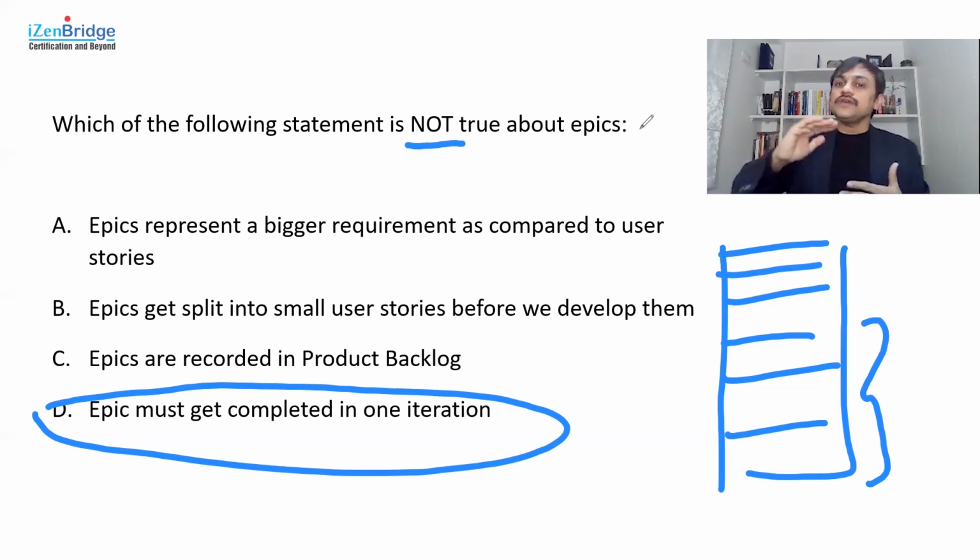Incrementally, we are expected to split these epics into small user stories and get things done. That's why they are part of the product backlog, but we are not working on them directly in a given iteration. The definition of epic is that it takes more than one iteration. That's why we can't say that it must get completed in one iteration.